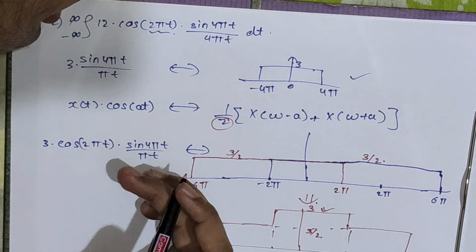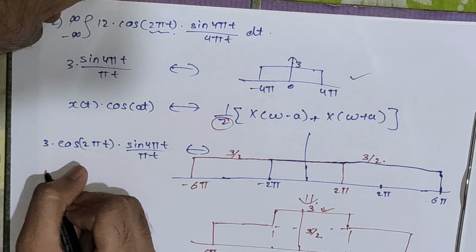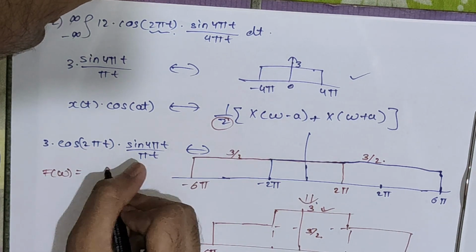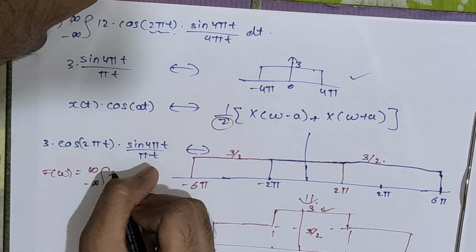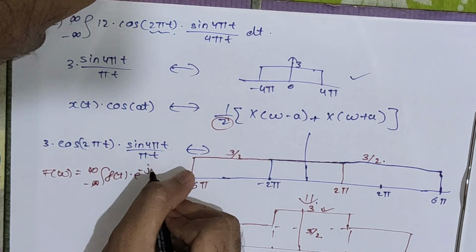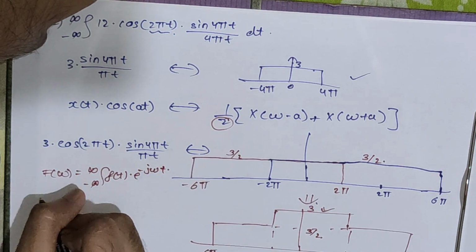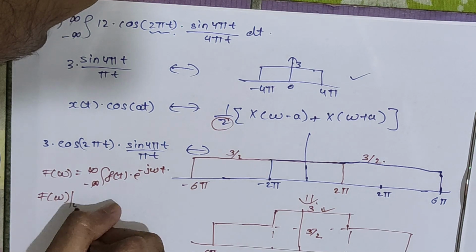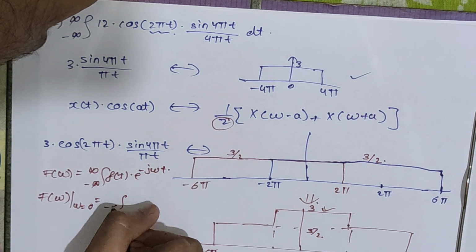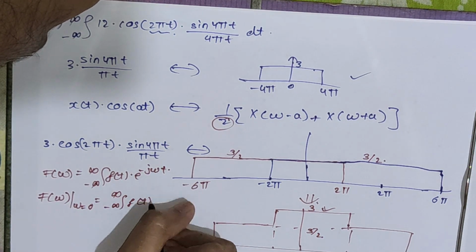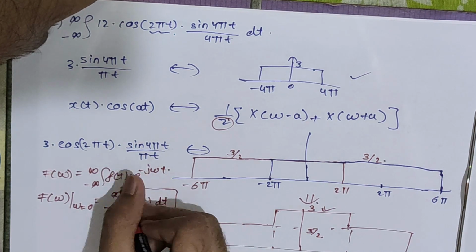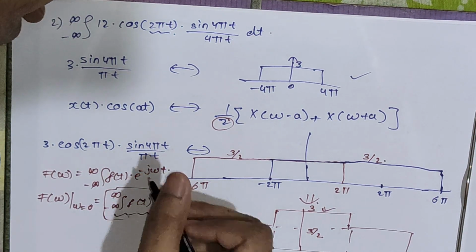If I conclude the trick, you just have to know that F of omega is the integral from minus infinity to infinity of f of t e raised to minus j omega t, and if you put omega equals 0, you get the integral from minus infinity to infinity of f of t dt. This type of style is directly asked as an integration in the exam.